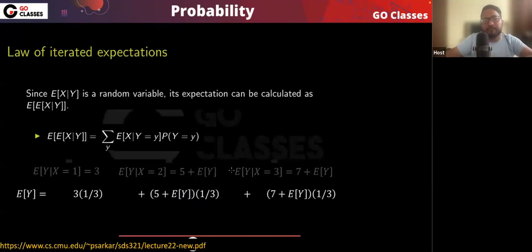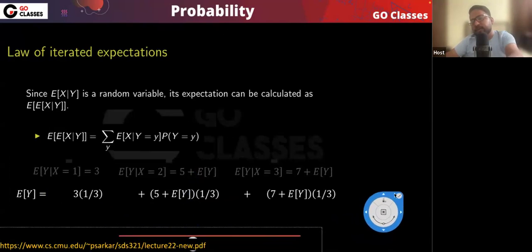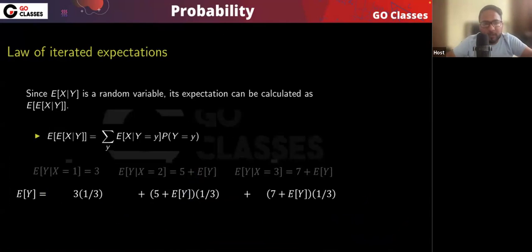Whenever we find the expectation of any random variable, in these cases we are using the law of total expectation, right? This is also called the law of iterated expectation or total expectation. There is one more way of writing this law of total expectation. Till now, we have been saying something like this.